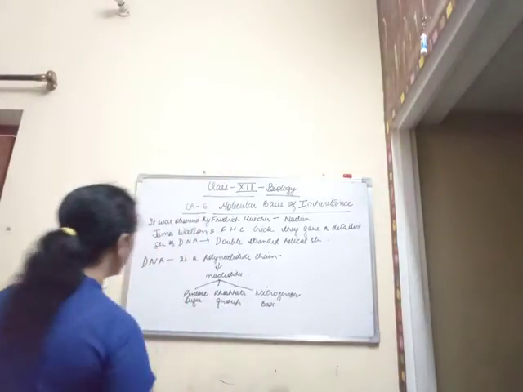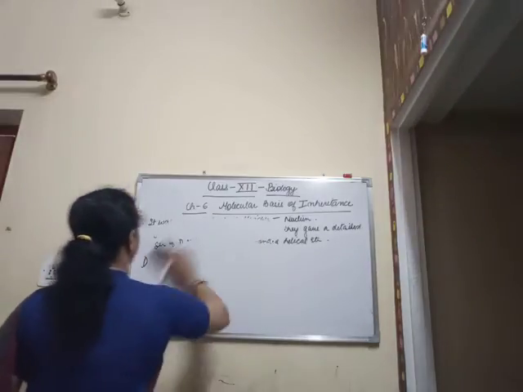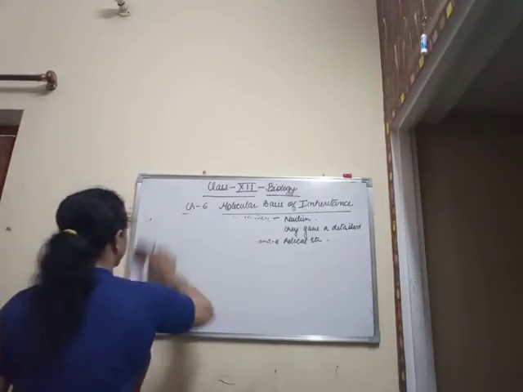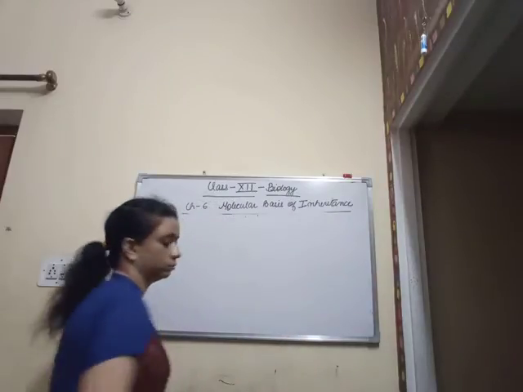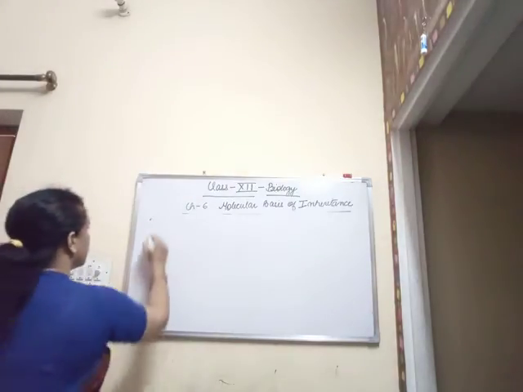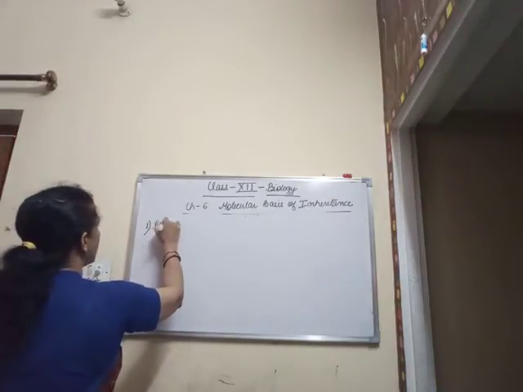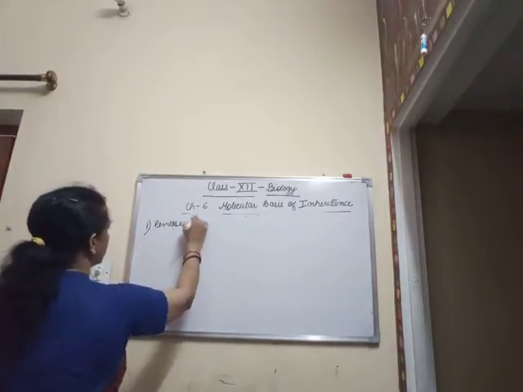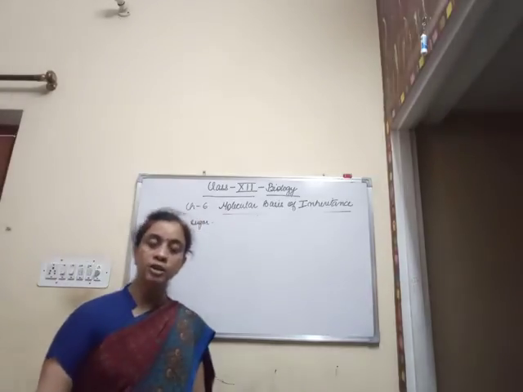The very first component of the nucleotide is the pentose sugar. That is the sugar moiety which forms the backbone of the polynucleotide chain.